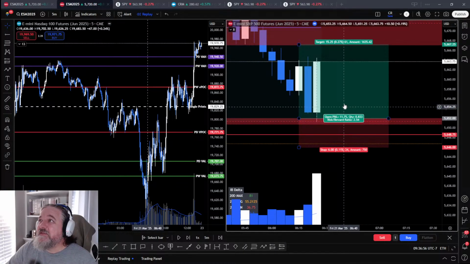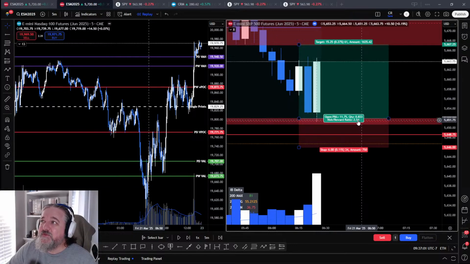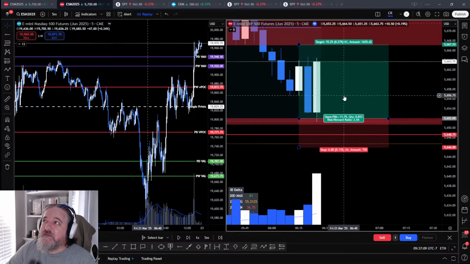The next thing we need to look at is, on my trade, I need to be able to make at least $2 for every dollar I risk. And here my risk to reward ratio is $2.54 for every dollar that I risk. So this is a trade that I can take.